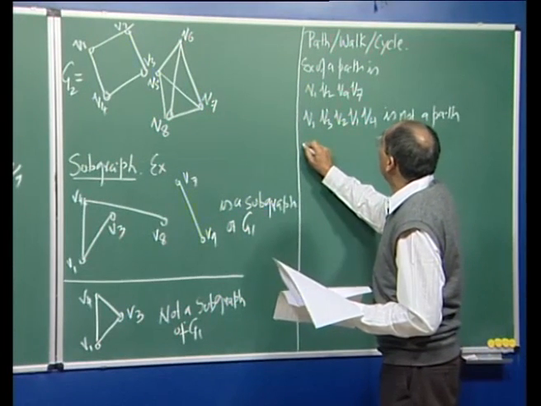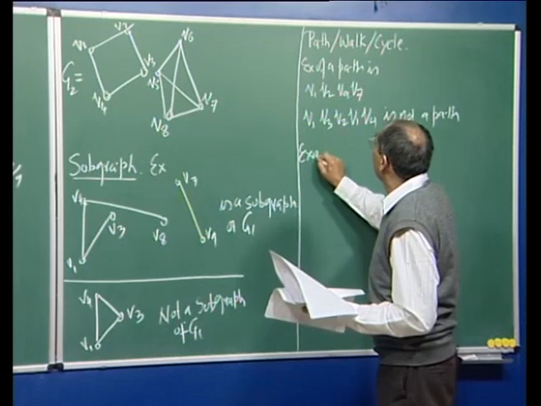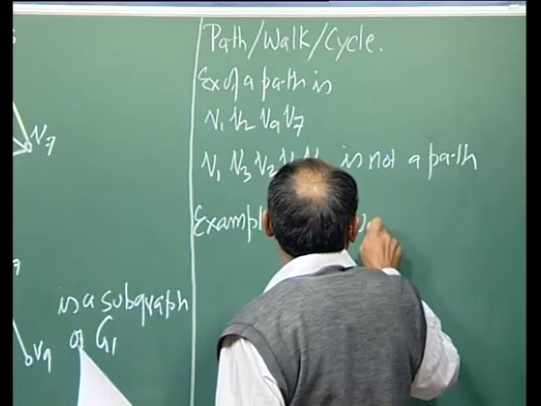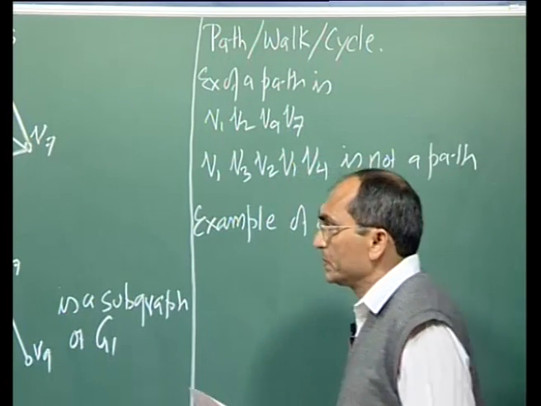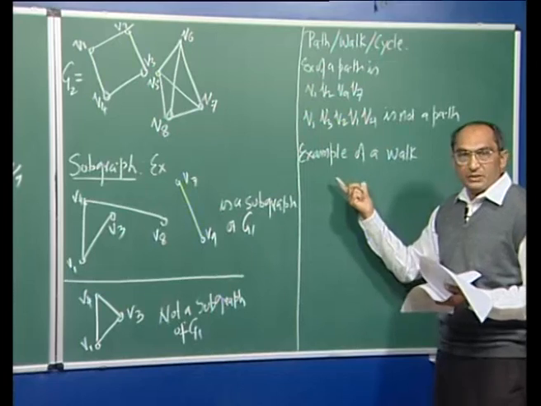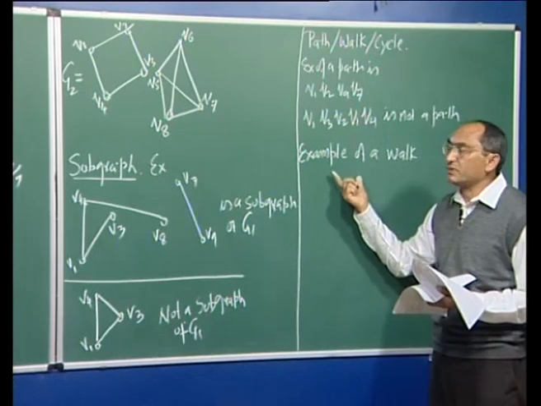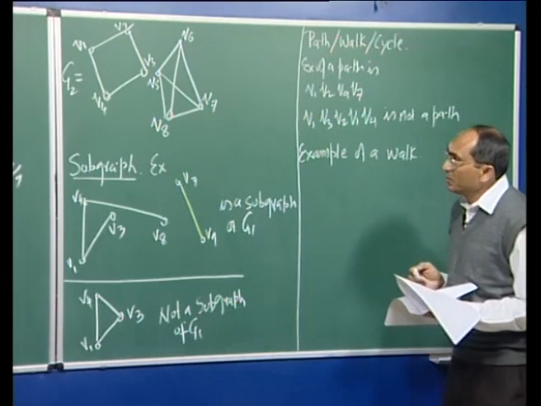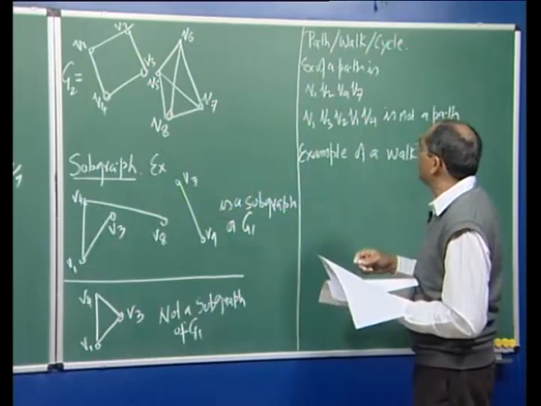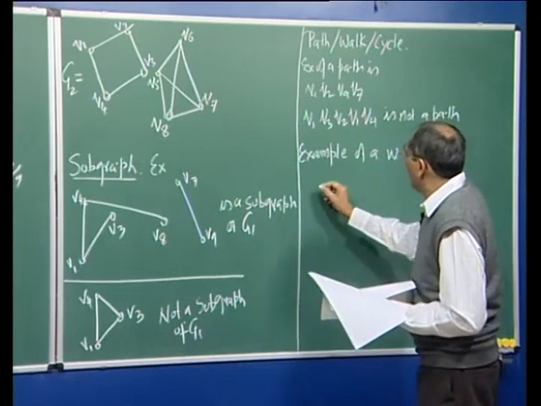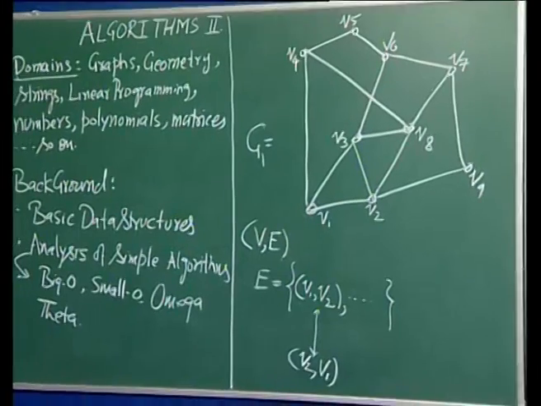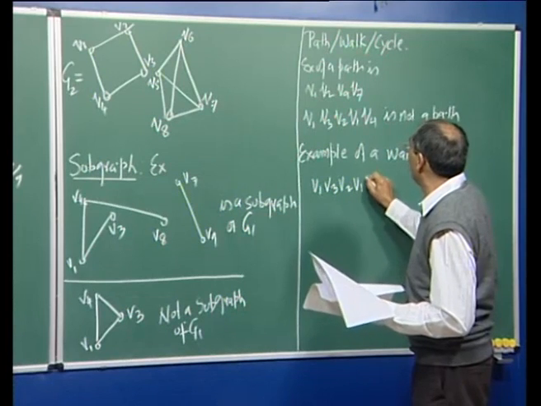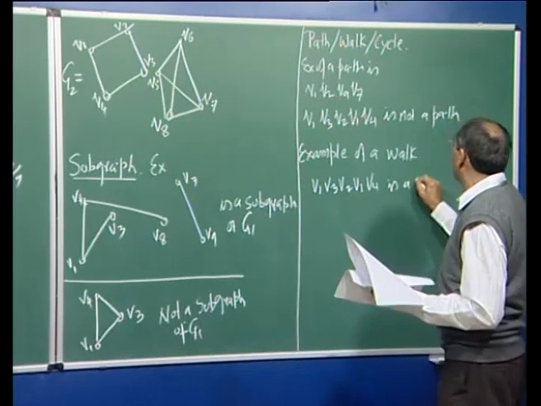The concept of walk is when we allow repetition. When we allow repetition of a vertex, of an edge, any number of times, then that becomes a walk. So in our example of G1, V1, V3, V2, V1, V4 is a walk.